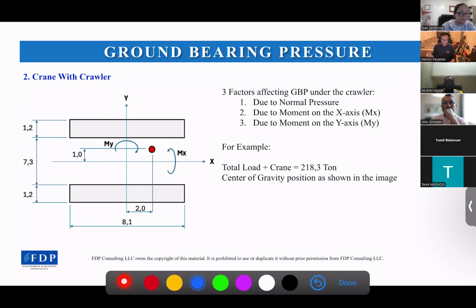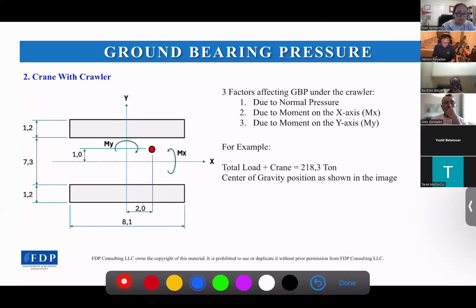We need to combine all the components, weight, and COG plus the load to lift. If the COG has an offset to the x-axis and y-axis, then moment forces will appear on each axis, and the moment forces will give additional pressure to each track.